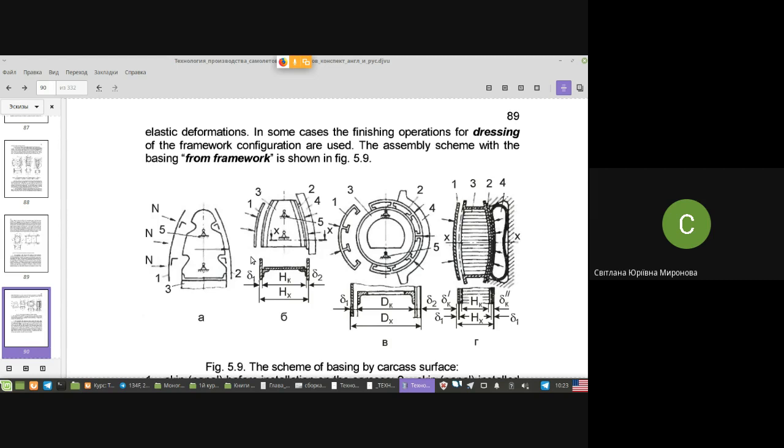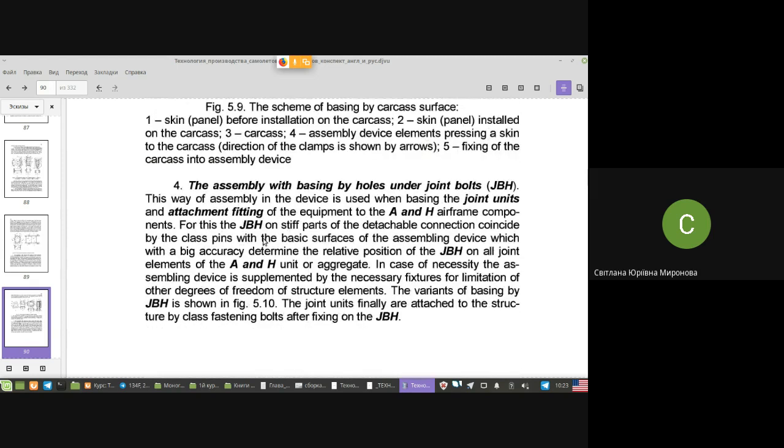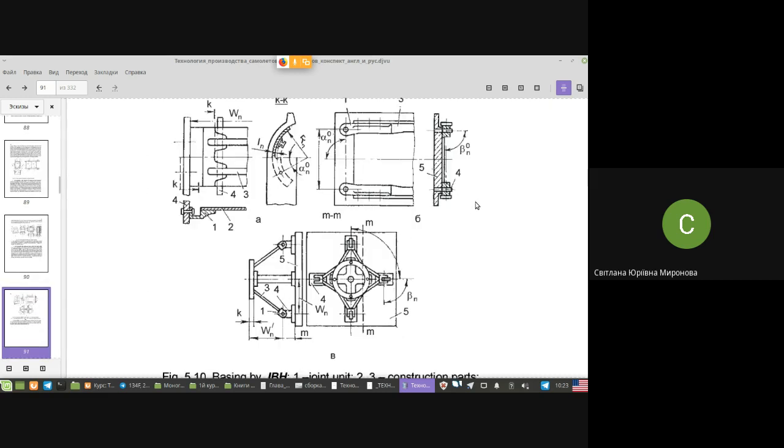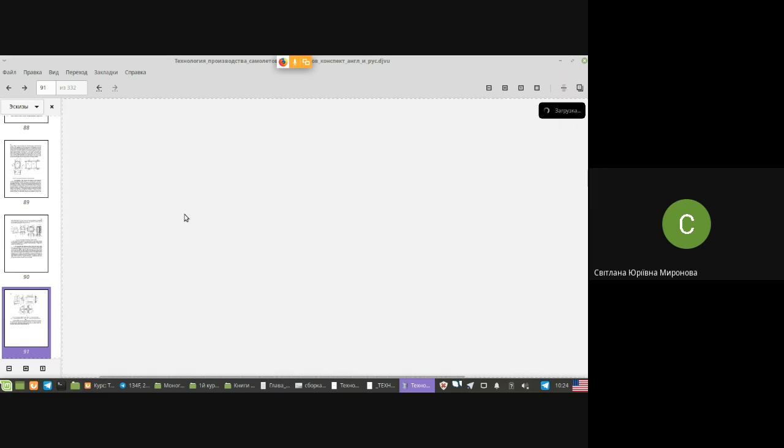And one big group of such assembling we have already started even. We didn't talk much about them as a method of assembling, but you know this. Look at this. Assembly method with locating onto holes of joint balls, GBH holes. And I hope you recognize at least some pictures.